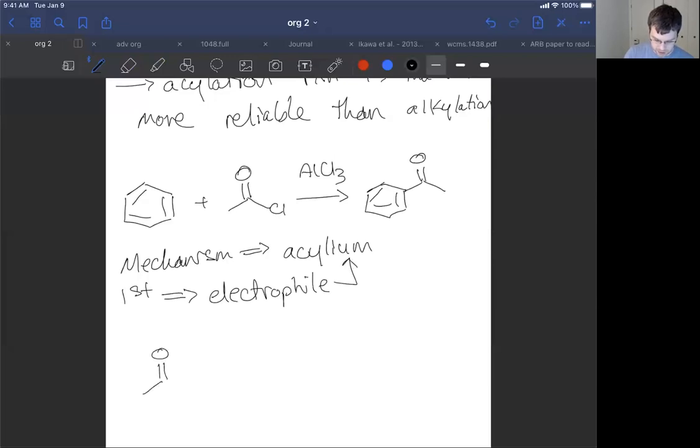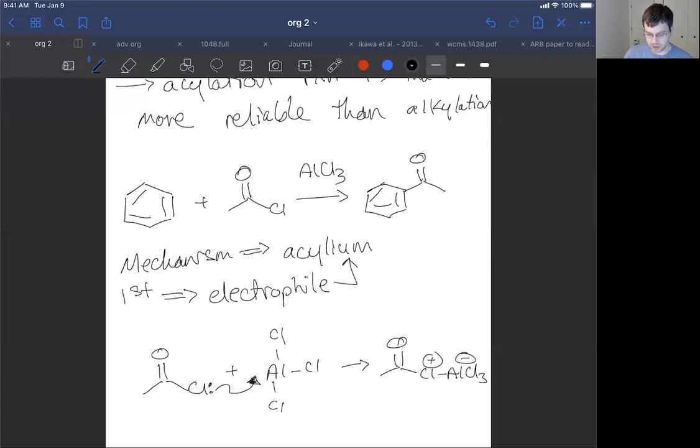Well, we're going to have the chlorine atom of our acyl chloride engage aluminum trichloride, just like we've done many times now: lone pair of electrons, aluminum Lewis acid. That's going to give rise to this species, with a positive charge on the chlorine atom that's on the acyl group. Now there's a few ways that you can approach this.